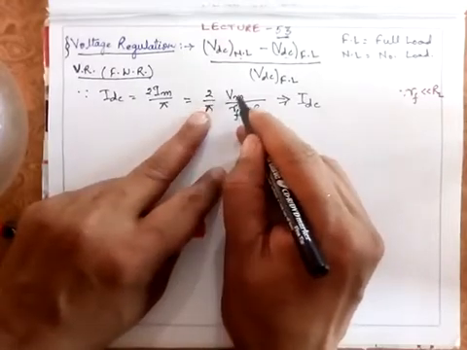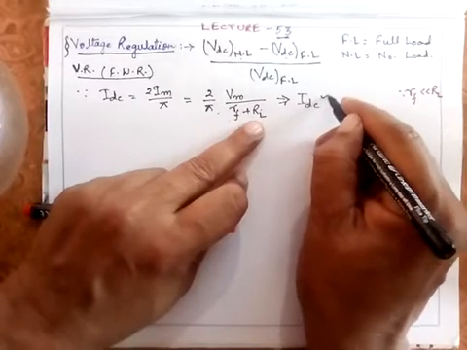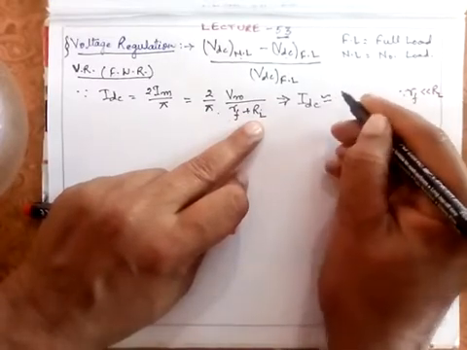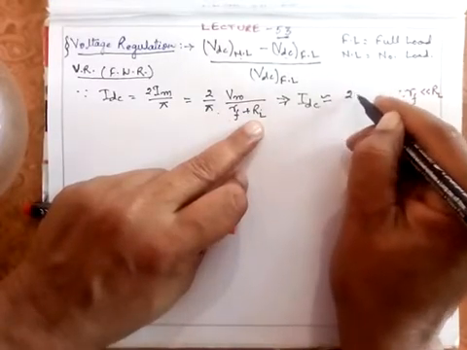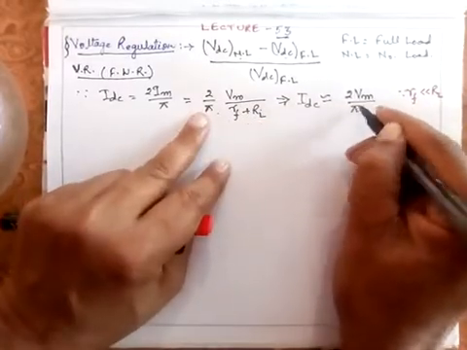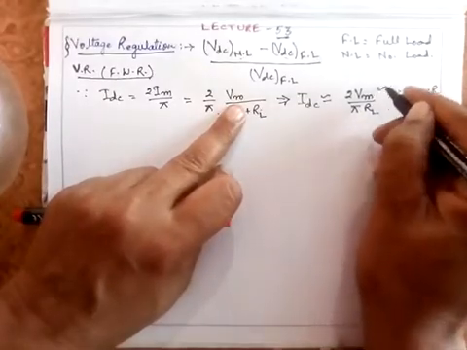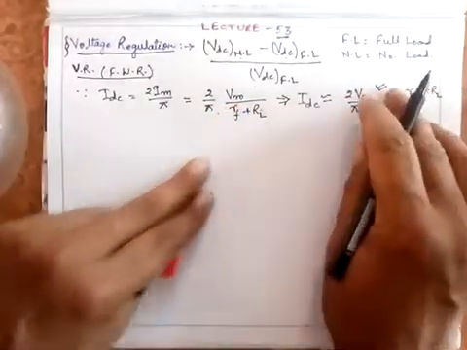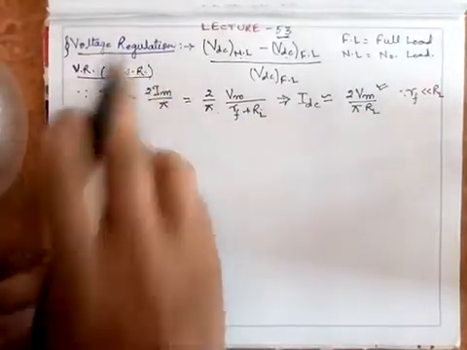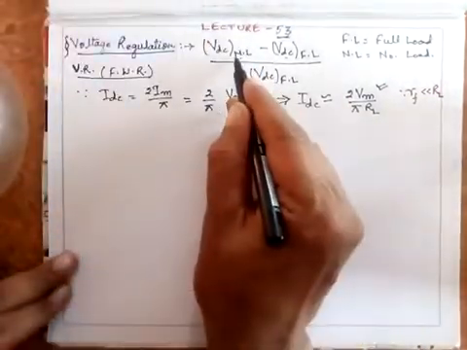So IDC is approximately equal to twice Vm by pi RL, for a full wave rectifier. Now I'm interested in this VDC at full load.